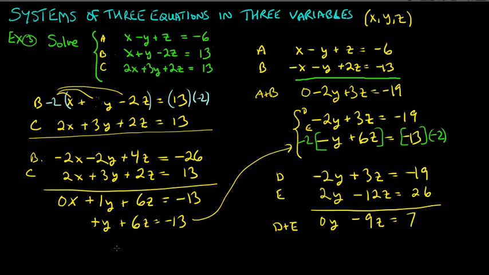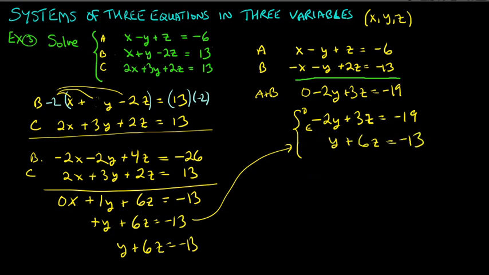Right, and it just looks better, right? So y plus 6z equals negative 13. All right, so now coming up here, this was supposed to be a positive y. In fact, let me just start over here. Okay, that should be better.